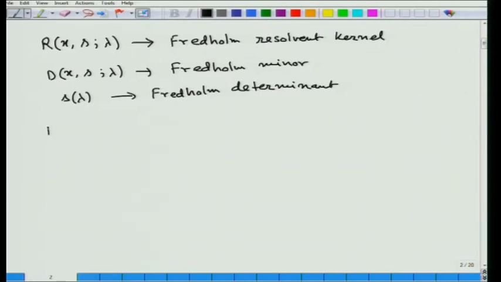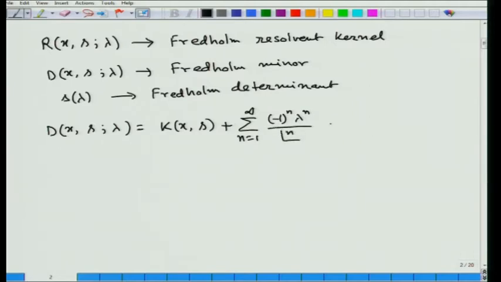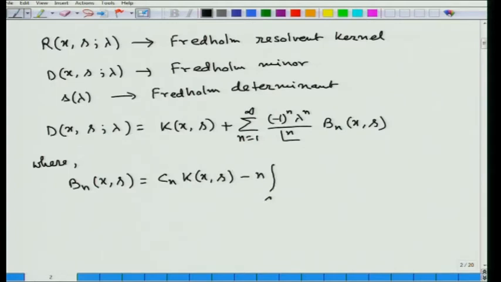This Fredholm minor D(x, s; lambda) is defined by K(x, s) plus sigma n running from 1 to infinity, (-1)^n lambda^n divided by factorial n, B_n(x, s), where each B_n(x, s) can be evaluated using the formula B_n(x, s) equal to C_n K(x, s) minus n integral a to b K(x, xi) B_(n-1)(xi, s) d xi.